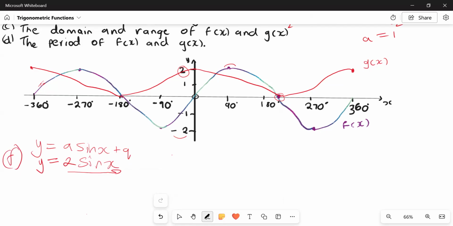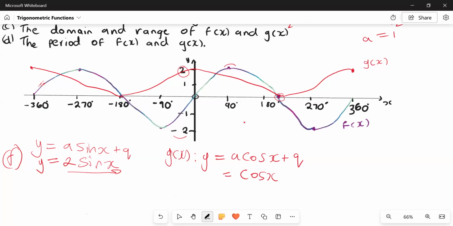Ne? Then the equation of g of x, you will have y equals a cos x plus q. We said our a is 1, so this is cos x, right?